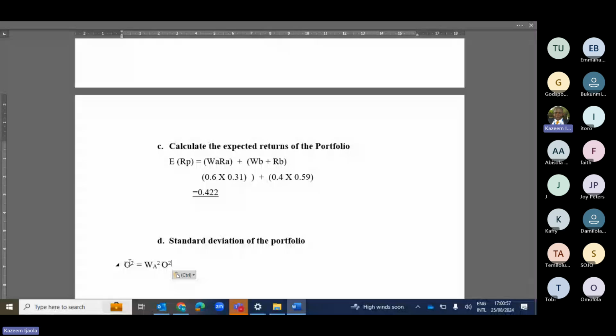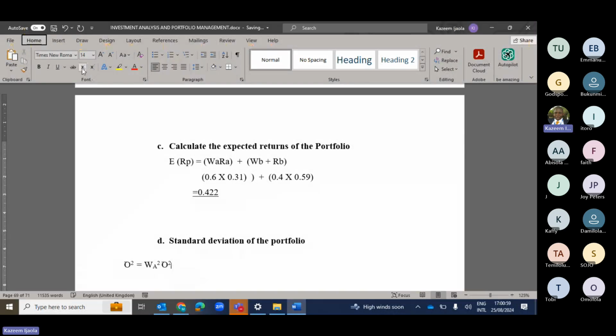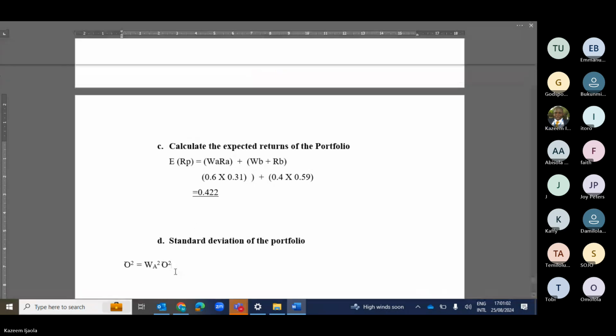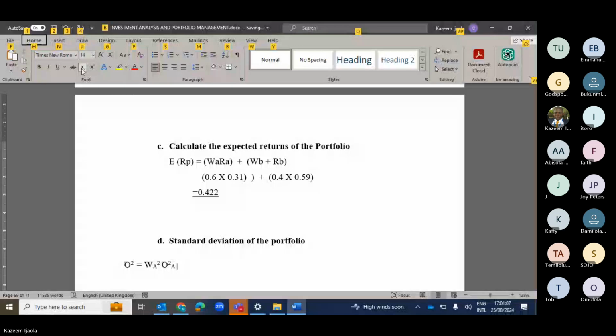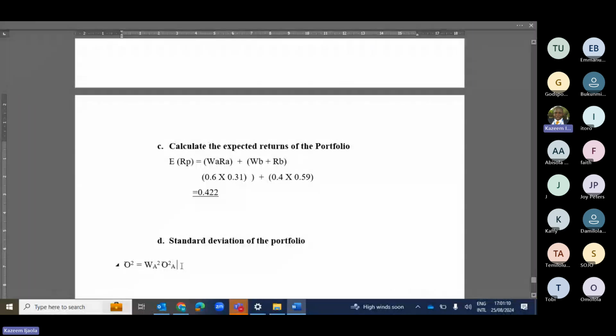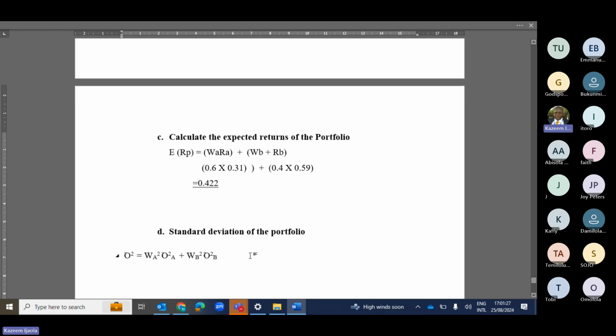Plus, you do the same thing for B. Then you now do plus 2 weight of A, weight of B. Plus 2 WA, WB.